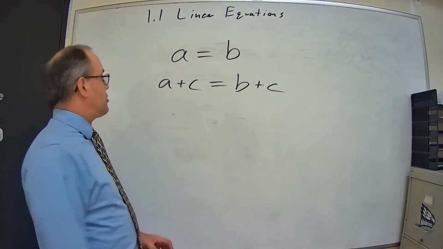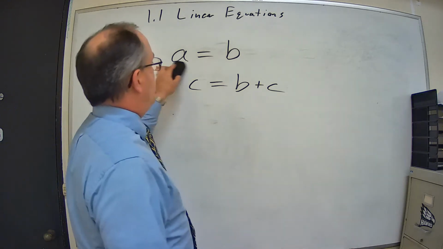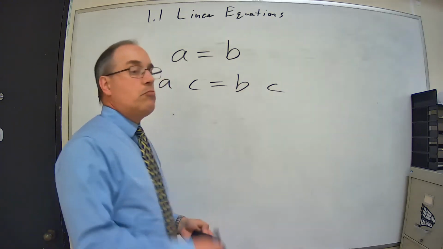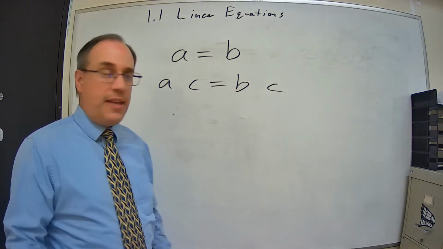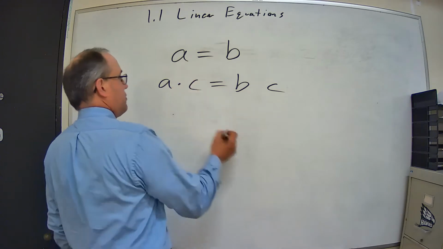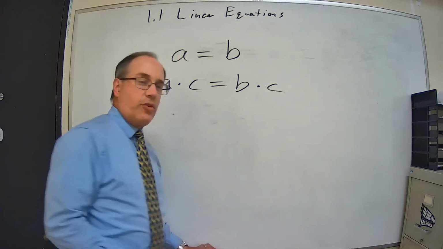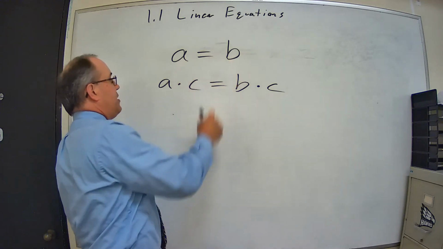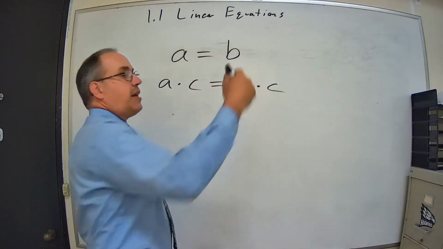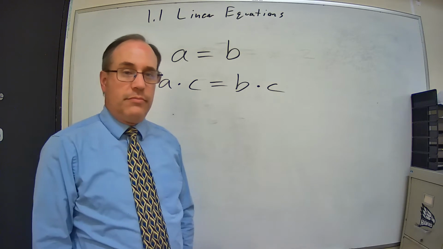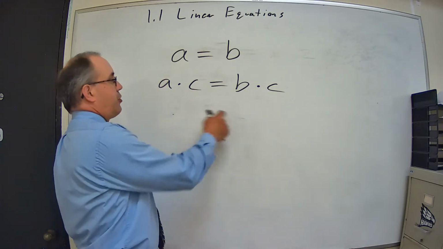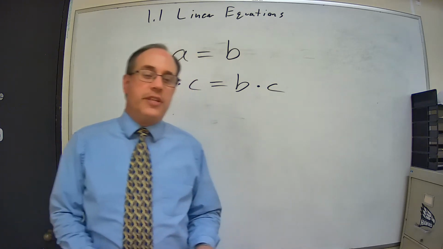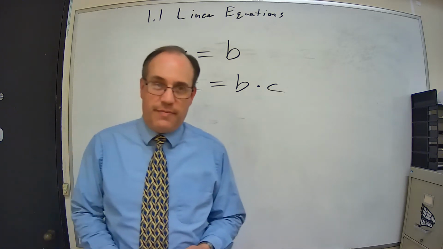The product rule says if you have an equation A equal to B, if you multiply both sides by the same thing, then you have an equivalent equation. If A is equal to B, then A times C is equal to B times C. 5 equal to 5, 5 times 3 is equal to 5 times 3. Again, when you throw numbers in it, it's just obvious.